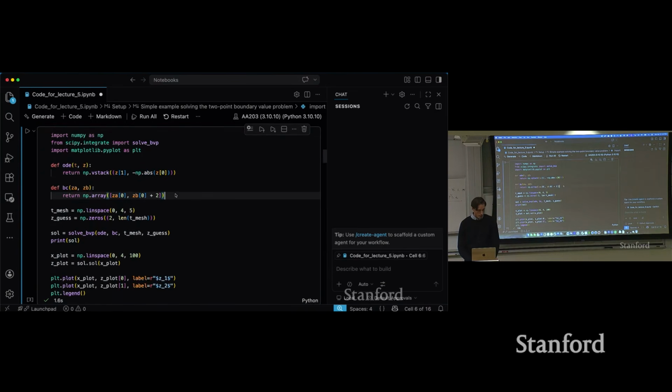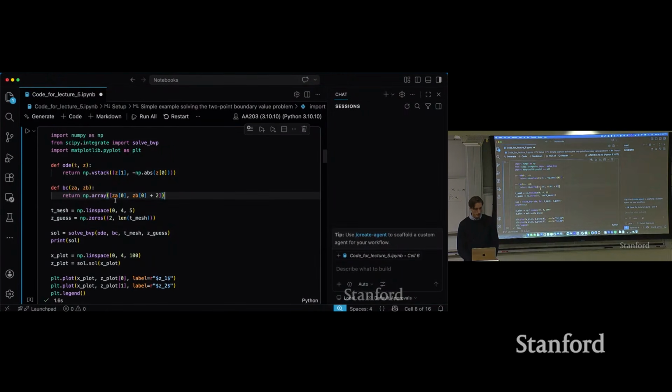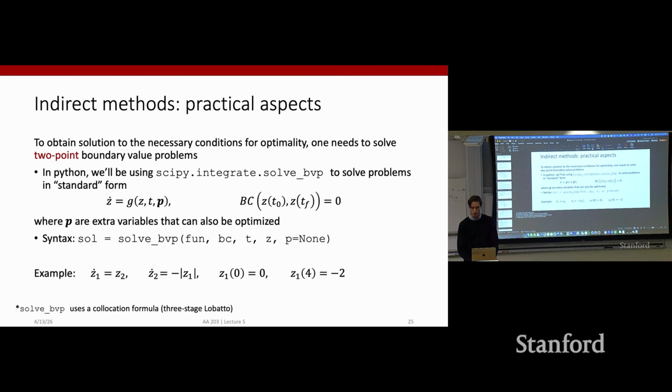Now, we need to enforce our boundary conditions, which are that Z1 at time 0 is equal to 0, and Z1 at time 4 is equal to -2. ZA is intended for the boundary conditions at the initial time. So we have ZA0 equal to 0, which is essentially this term over here.